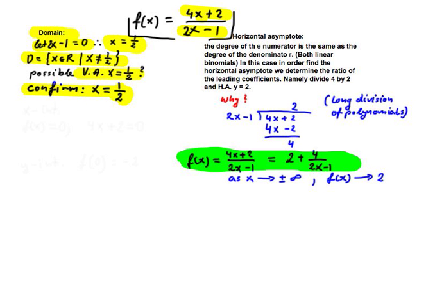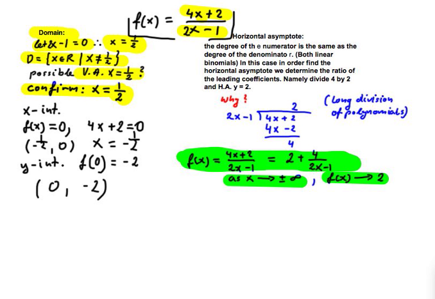Now, as x is approaching positive or negative infinity, so you're thinking, if I were to use a very, very large value for x or a very, very small negative number for x, this whole ratio, 4 divided by 2x minus 1, will be very, very close to 0. So therefore, the value of the function for very, very large values of x would be approaching 2. So now you have a much better sense of why the horizontal asymptote is equal to 2.